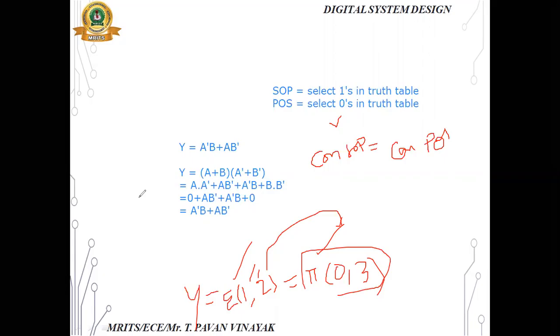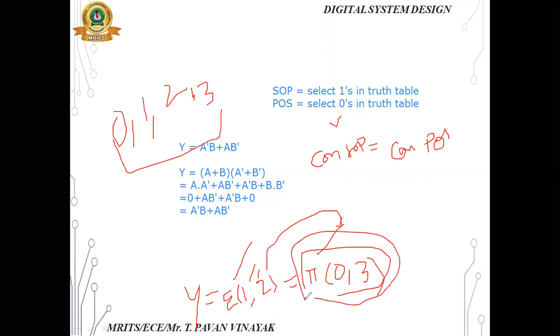For two variables, how many indexes are available? 0 comma 1 comma 2 comma 3. Okay, here sigma 1 comma 2 is available. So remaining are what? 0 comma 3. So those are available in pi. So canonical SOP is equal to canonical POS. This is the indication: whatever is leftover is available in pi form. Okay.